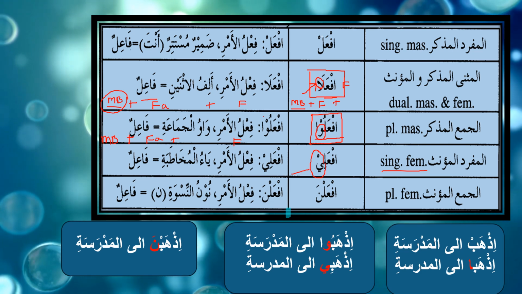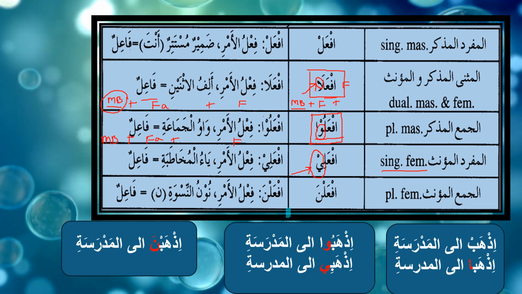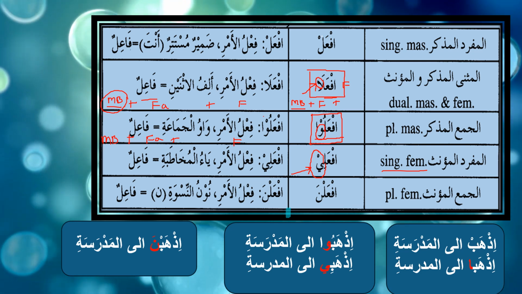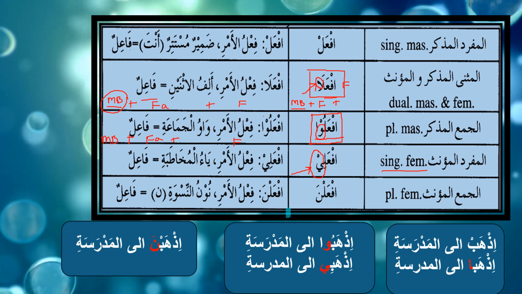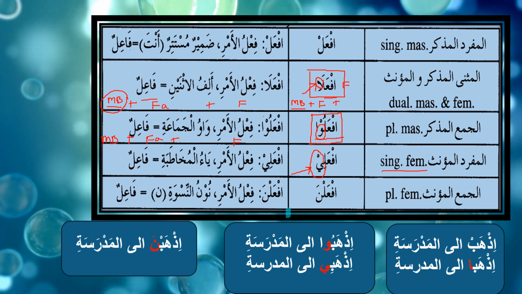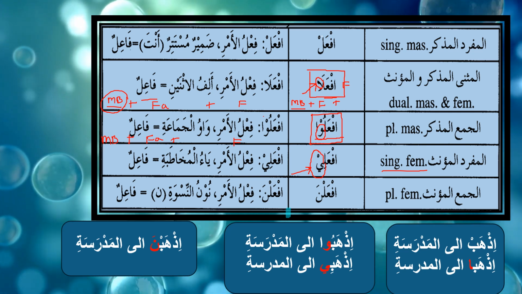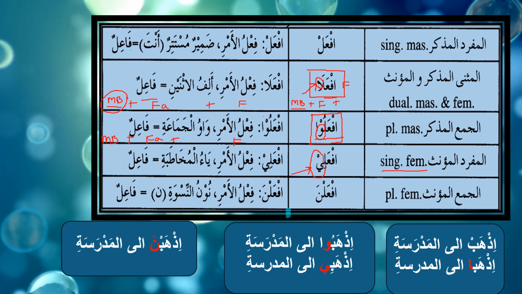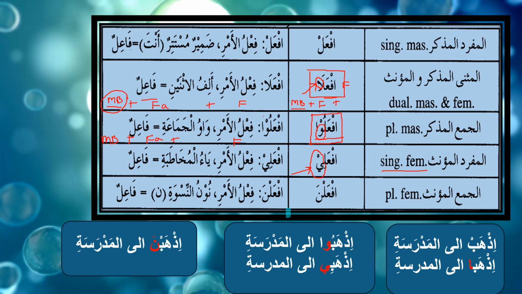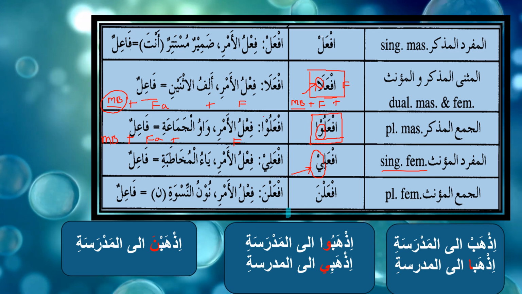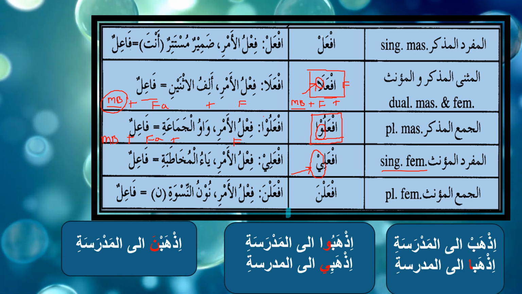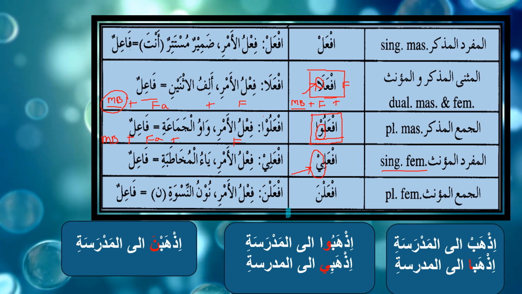So this is the damir for the single feminine, ya mukhatiba. Now if you have a question, why ya mukhatiba, why not ta ta'nith? Ta ta'nith is the sign of femininity that comes in the past tense only, whereas ya mukhatiba is the sign of femininity which comes in the present tense, that is for the person right in front of you. That's why ya mukhatiba is used in the command.